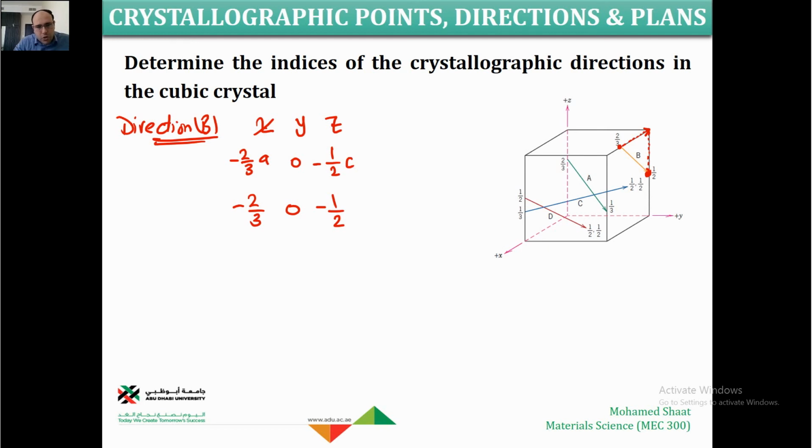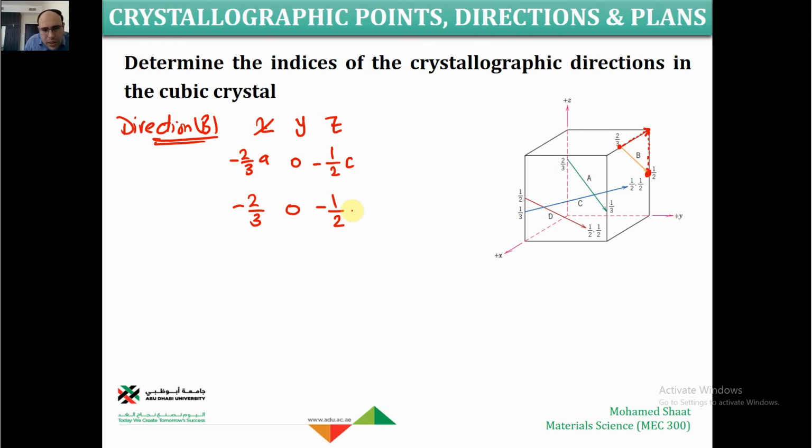So you have to choose the smallest denominator. I mentioned before you choose the largest denominator. No, it should be the smallest, since we are seeking the smallest integer sets. So choose the smallest integer denominator first.